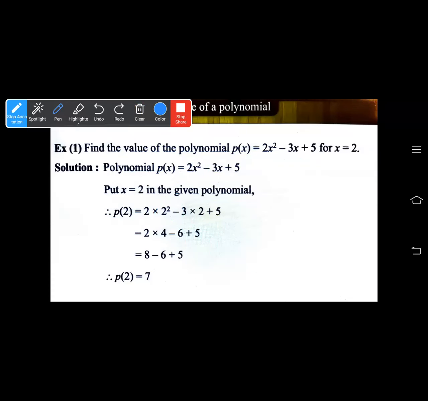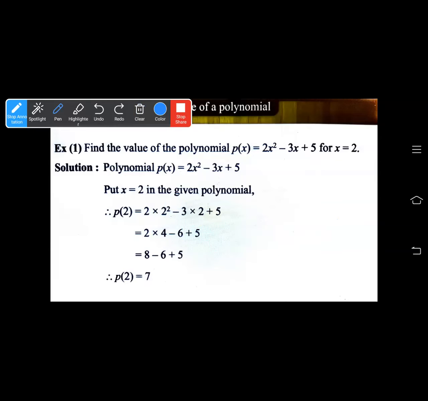Fine. So 2 into 2 squared minus 3 into 2 plus 5, we will get the value. First you have to find the square, so write 4 over here. 3 multiplied by 2 will be 6. First you have to use the BODMAS rule. You have to first multiply, then do the addition and subtraction. So 2 multiplied by 4 is 8. 8 minus 6 is 2, and 2 plus 5 is 7.